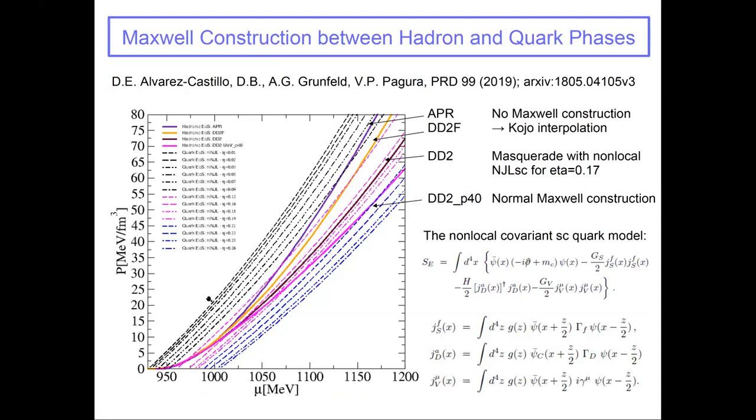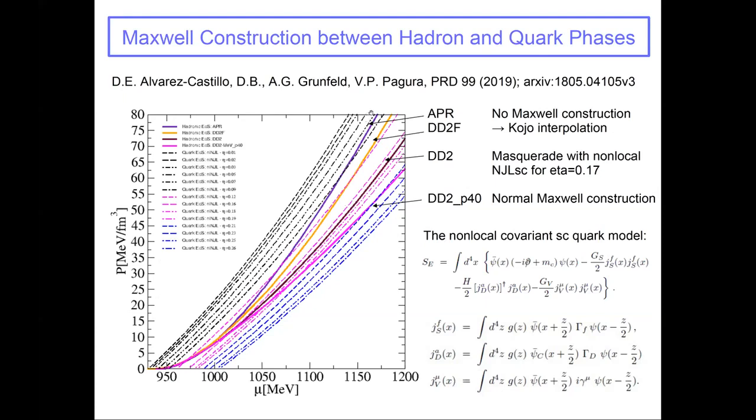And here I show as the full bold lines the different hadronic equations of state with different stiffnesses, as we have discussed: three examples of the DD2 class with increasing stiffness, here in pressure versus chemical potential, and the APR equation of state, which is clearly the softest.